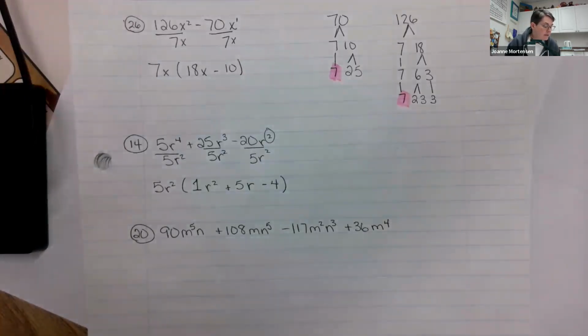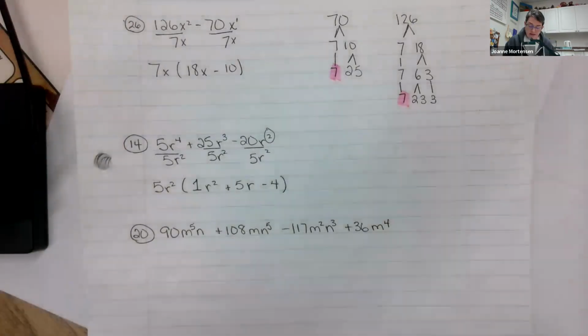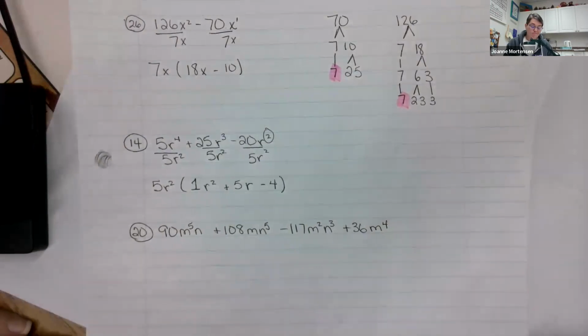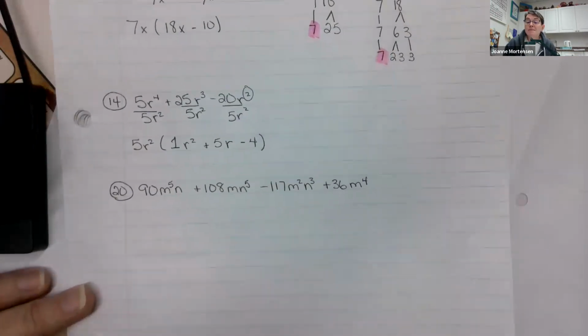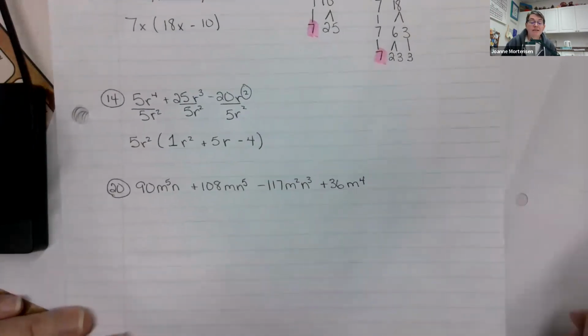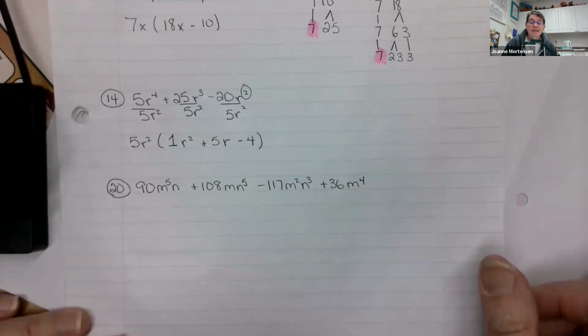Bless their little hearts when they mix the m's and n's together. It's like, okay, I've got to really pay attention here. How about you? What do you think the greatest common factor is?